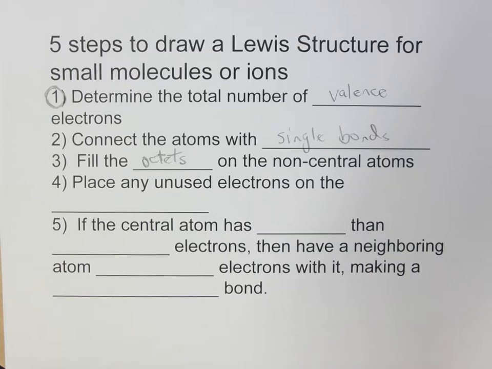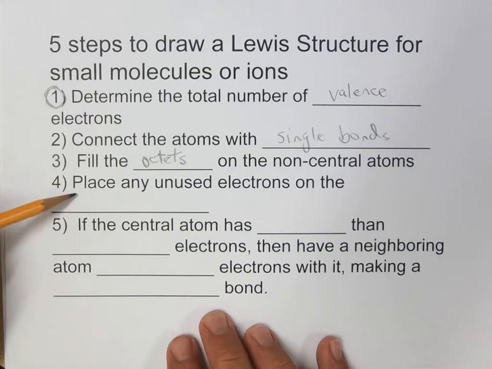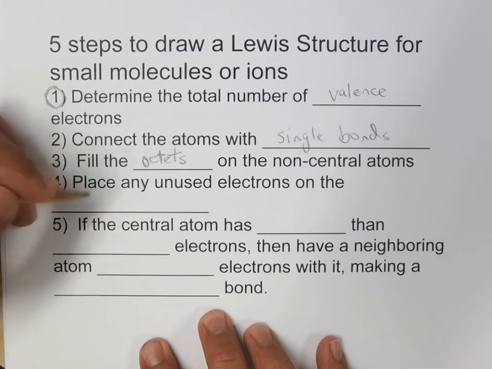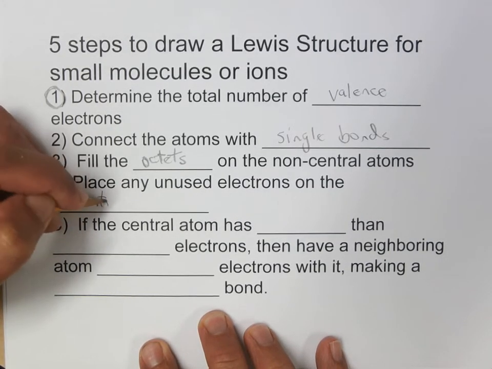And then after you're done filling the octets on the non-central atoms, you might have more electrons you need to put into your molecule or ion. So at this point, it's a good idea to count the number of electrons you've used to make the single bonds and to fill the octets. If you still have electrons that are not in your picture, you place the unused electrons on the central atom.